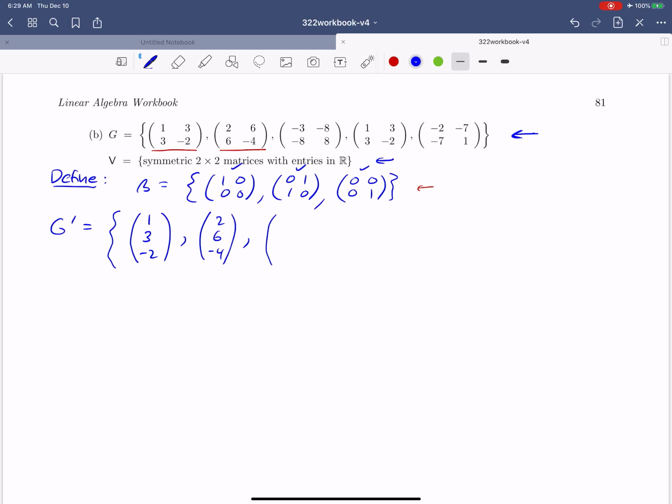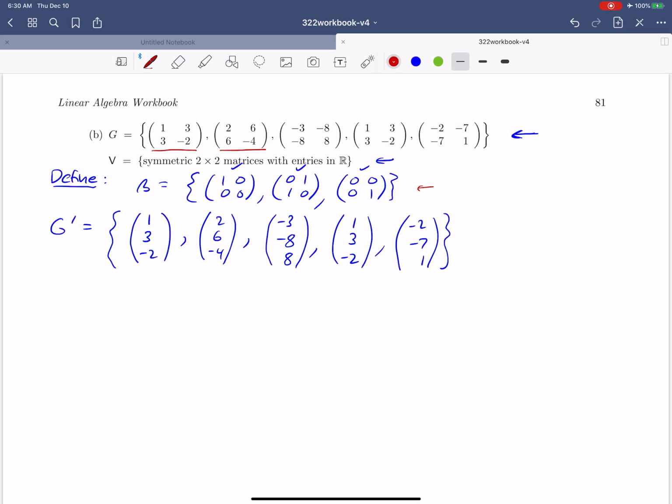Let's go ahead and list the rest of them. Negative 3, negative 8, and 8. 1, 3, negative 2. And negative 2, negative 7, and 1. I'm just going to make sure I copied all of those down right. 1, 3, negative 2, yeah.